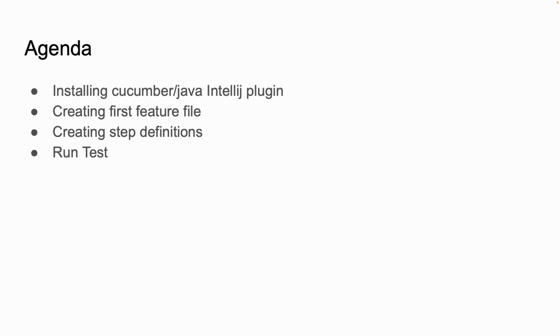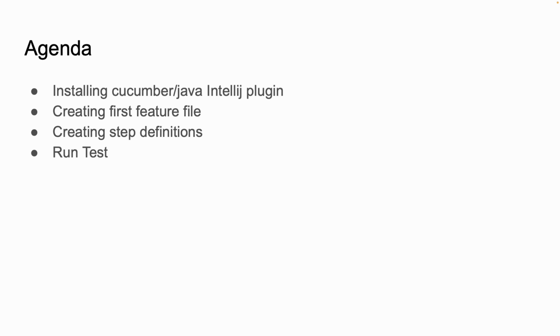Third, we will create our step definitions, and that's how the steps on the Gherkin file interact with the steps in the Java testing framework of our choice. And finally, we will do our first scenario run. We will explore some Maven commands, and we will also be running the test from the UI in IntelliJ.